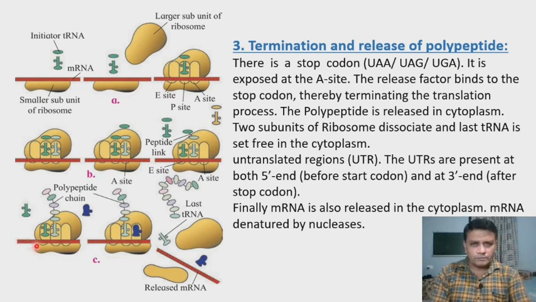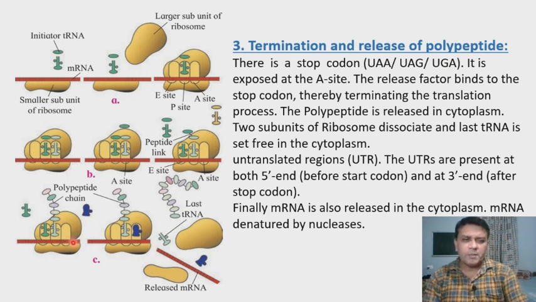Then at the 3' end, after the stop codon, untranslated regions are present. That means they do not undergo translation, they do not code for any amino acid. So such regions are called untranslated regions.